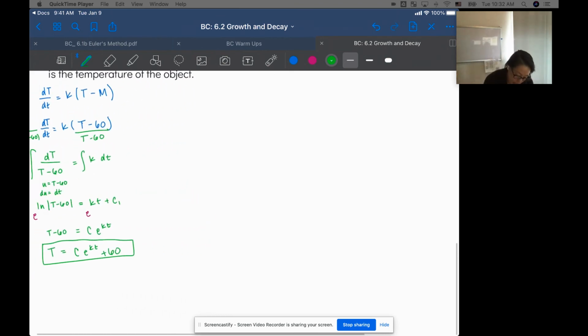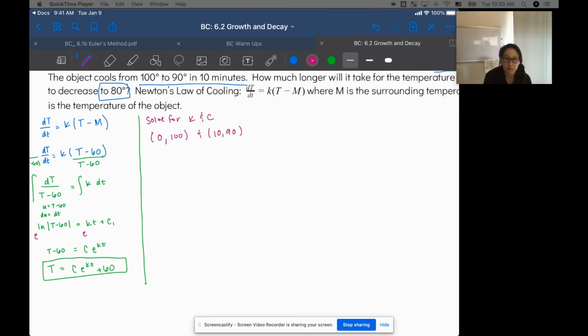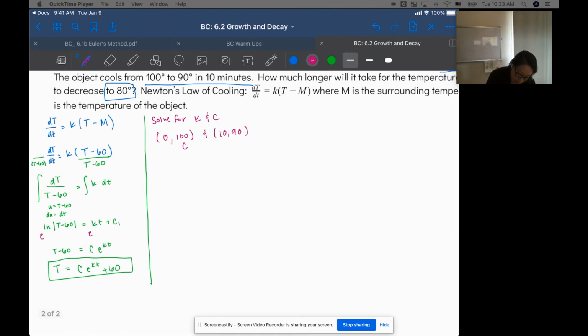So now I need to figure out what my K value and my C value are so I can evaluate. We know that at time 0, the object is 100 degrees, and at 10 minutes, the object is 90 degrees. It looks like I have my C value, but actually, that's not my C value. I have to be careful here because I have that plus 60.